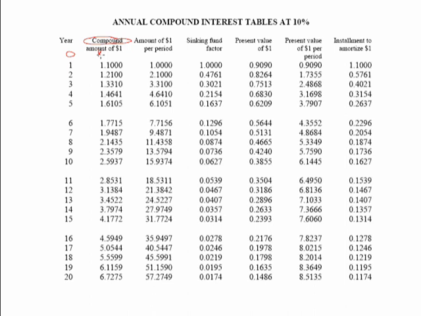At the end of the year, I'll have $1.10. At the end of the second year, I'll have $1.21, and in the third year, $1.33, and so on. If I leave that dollar in that account for 20 years, at the end of 20 years I can expect to have $6.72, almost 73 cents, which is down at the bottom of the column.